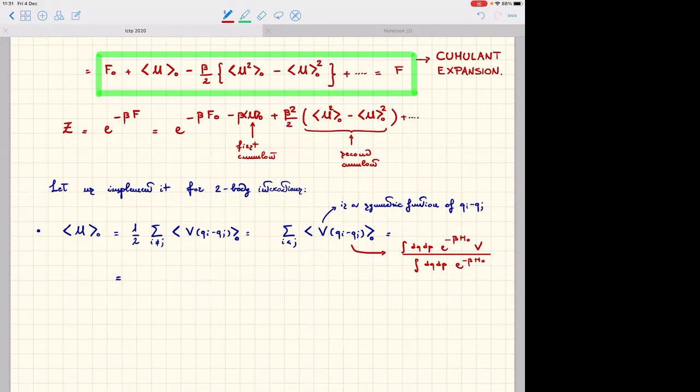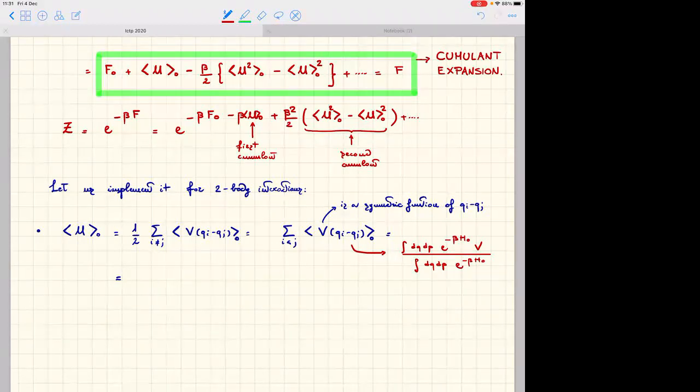Now you see that when I perform this integration, the integral over dp gives the same result above and below, right?